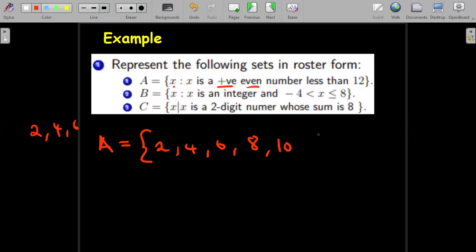So we could only add 12 if they had said less than or equal to 12. But we see that it is not equal to 12, so we'll close our set here. So this is how we list down the first one.